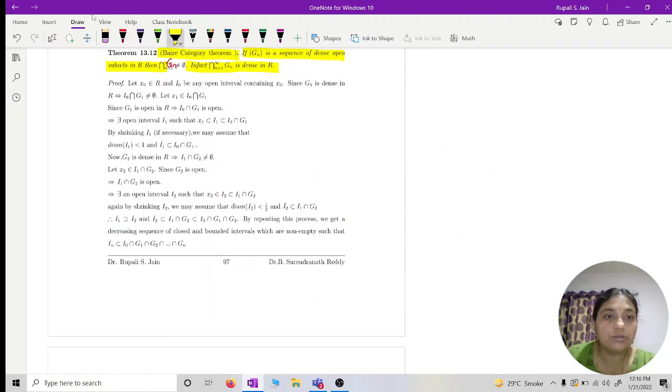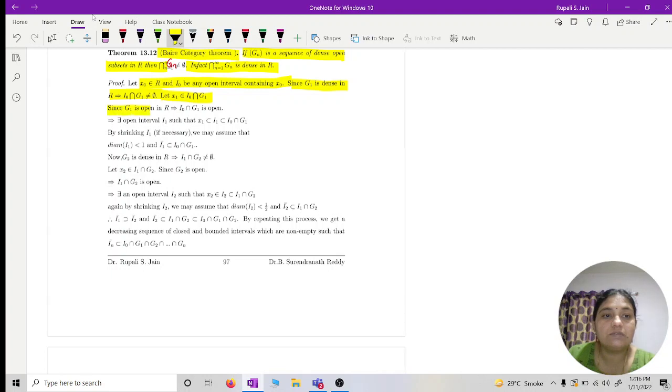Let x0 belong to R and I0 be any open interval containing x0. Now what is given? G1, G2, Gn's are dense in R. Since G1 is dense in R, I0 intersection G1 is non-empty by the definition of a dense set. So let x1 belong to this intersection, I0 intersection G1.